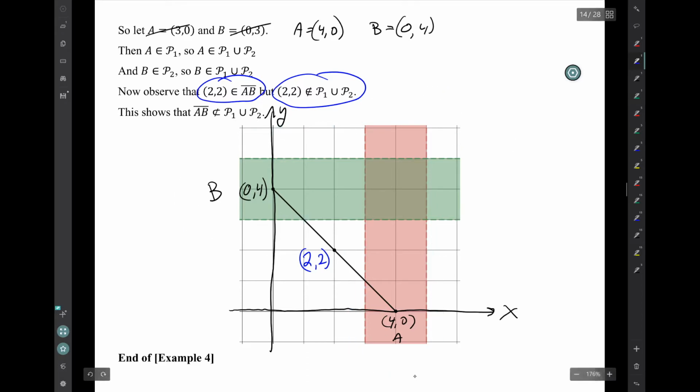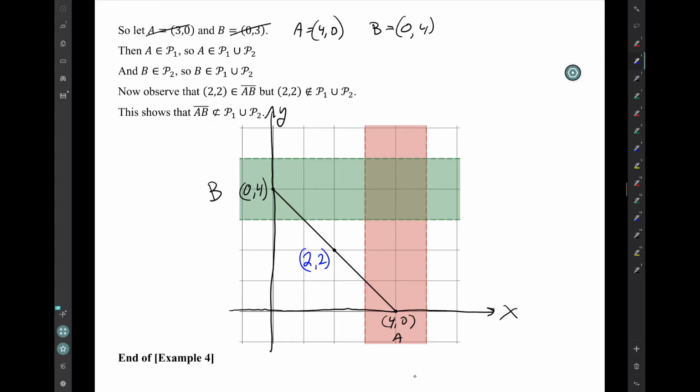So this shows that the segment AB is not a subset of that union, because we can identify a point that's on the segment that is not in the union. So this demonstrates that the union of those two sets is not convex, and so it's an example of two sets that are each convex sets but whose union is not convex.